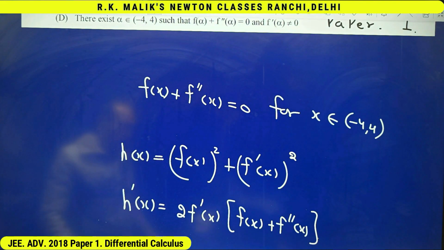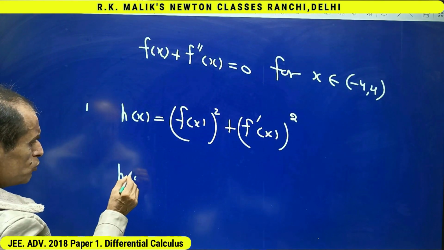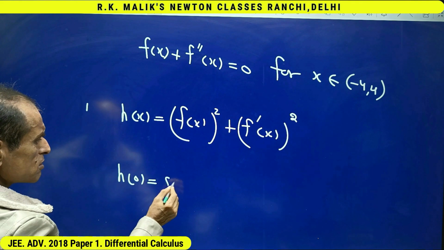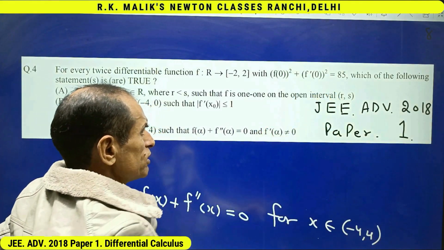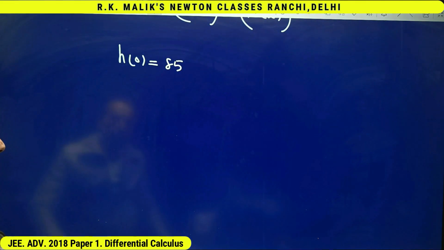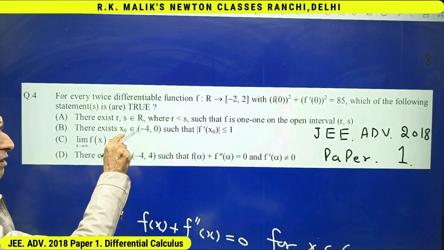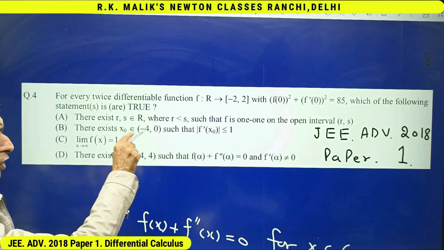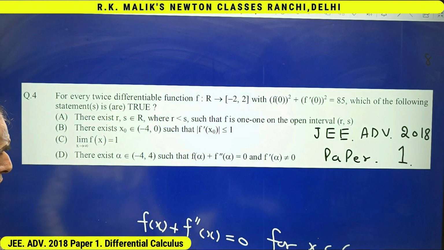And now how am I going to proceed? See, it is clear that the value of x0 is 85 because it is given to you as 85. And we know this thing also, that in the interval -4 to 0, there exists a number x0 for which mod f dash x0 will be less than or equal to 1.